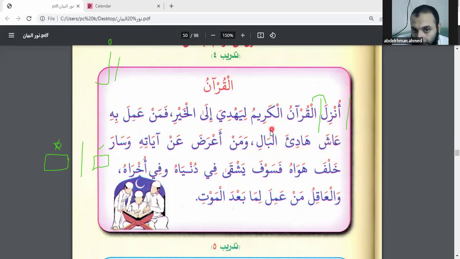هادي, we move from the hamza to the lam. هادي البالي. Here we have ya and we have hamza. What should we read? Should we read the ya or the hamza? We always read the upper letter.